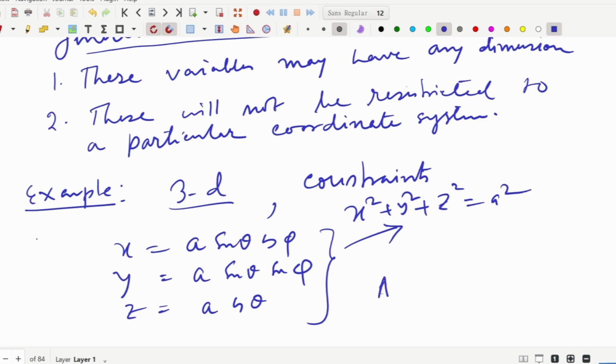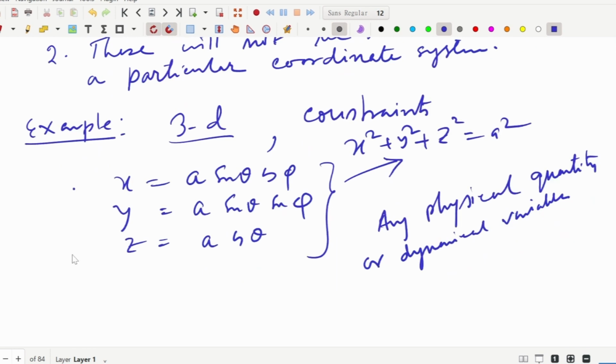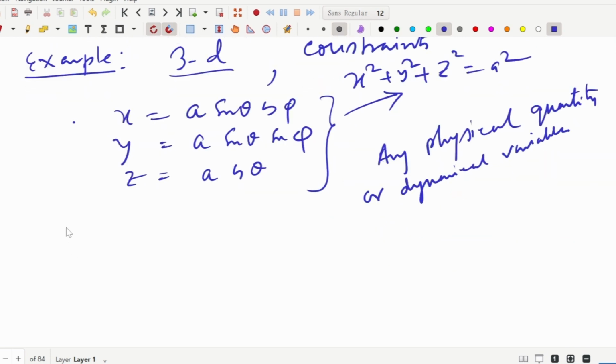So you can find that any physical quantity or dynamical variable for this system will be a function of theta and phi.